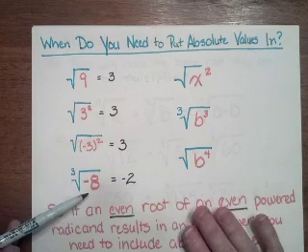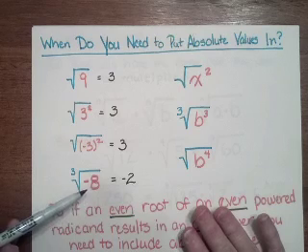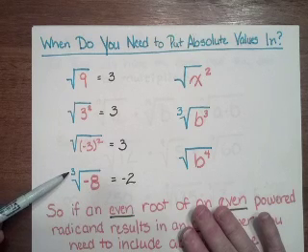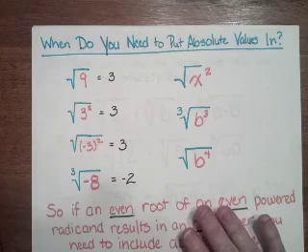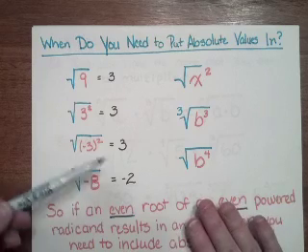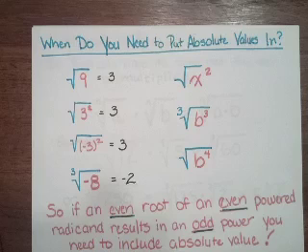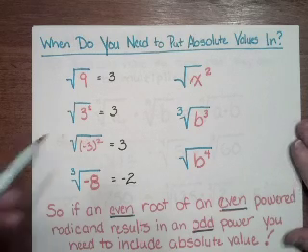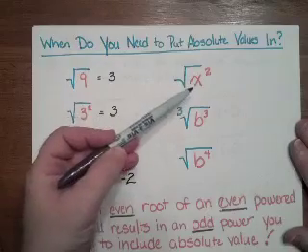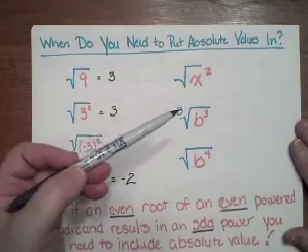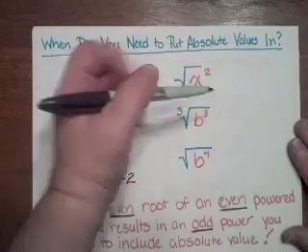But if I have a cube root, it really doesn't matter, because when I multiply it 3 times, I will get a negative number, so that's okay. So because of that, when I go to doing square roots or even roots, I'm going to have a positive value out here, or a positive x.